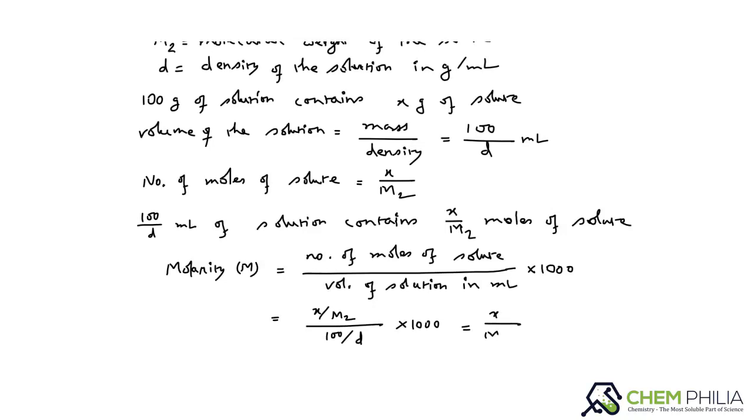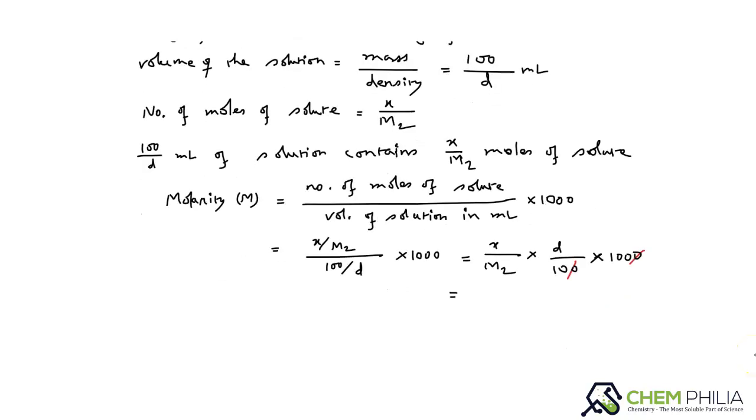So it's x by m2 into d by 100 into 1000, right? Now 10 and 10 are cancelled, so the relation is x into d into, just a minute, another zero will be cancelled, so x into d into 10 divided by m2.